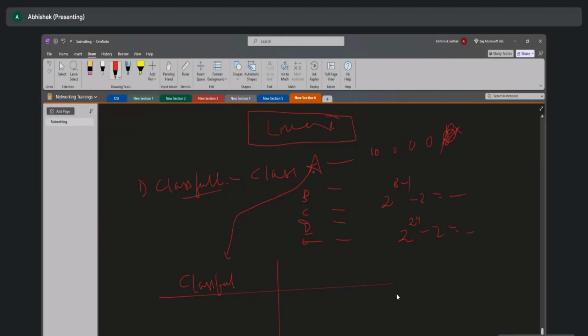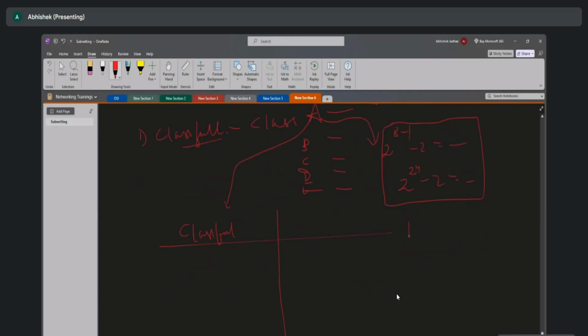Now, if the organization took the Class A IP address and they are utilizing each and every IP address, let's assume they are using 0.0.0.1, 0.0.0.2, and so on and so forth until thousands of IPs, that is called classful IP addressing utilization.